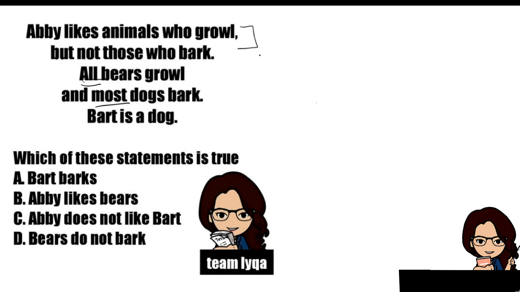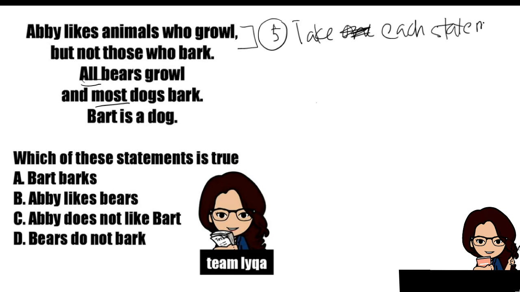First statement muna. Okay, so this is our advice for this video. We already have, I think, 4. And this is the 5th advice when it comes to logic: you have to take each statement one at a time.